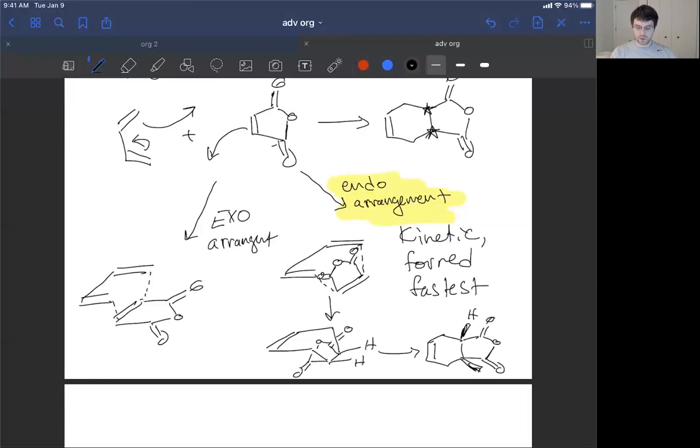The hydrogens are wedges to each other, and then the carbons, I'm going to throw the dashes on top of these carbons. The carbons are then dashes. So the Endo Rule, again, this is an unusual situation because the Endo Rule is kinetically the fastest situation, or the fastest product that's formed. So it's the kinetic product.